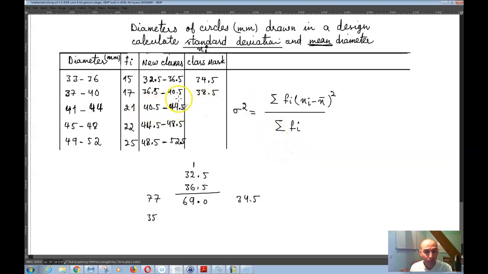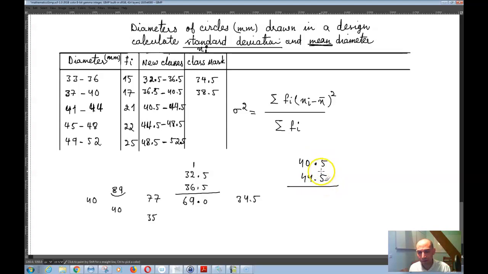Next you have, for example, 40.5 and 44.5.